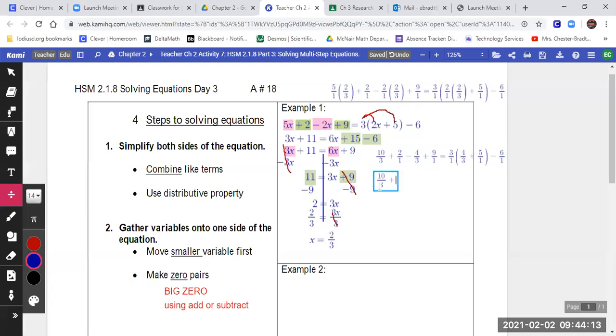A 2 over 1 becomes something over 3. There's going to be a 3 on the bottom. What's going to be on the top? If I multiply the bottom times 3, then I have to multiply the top times 3.